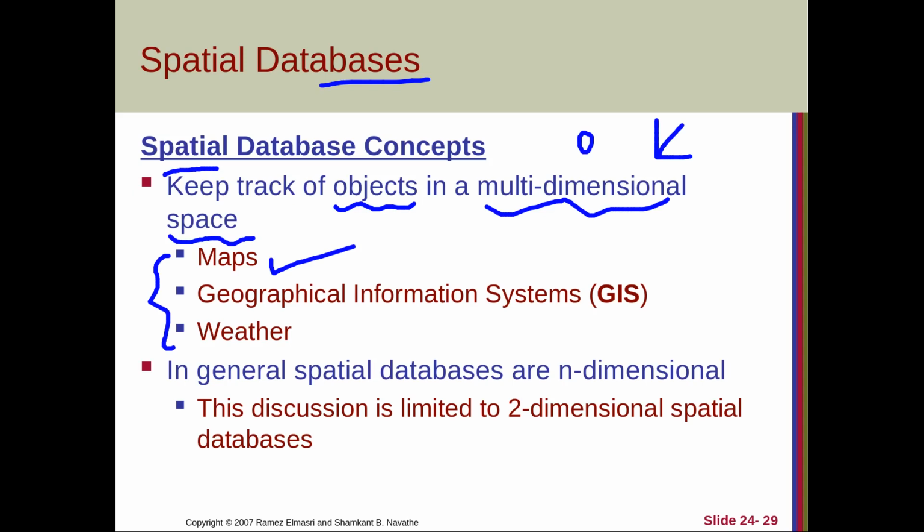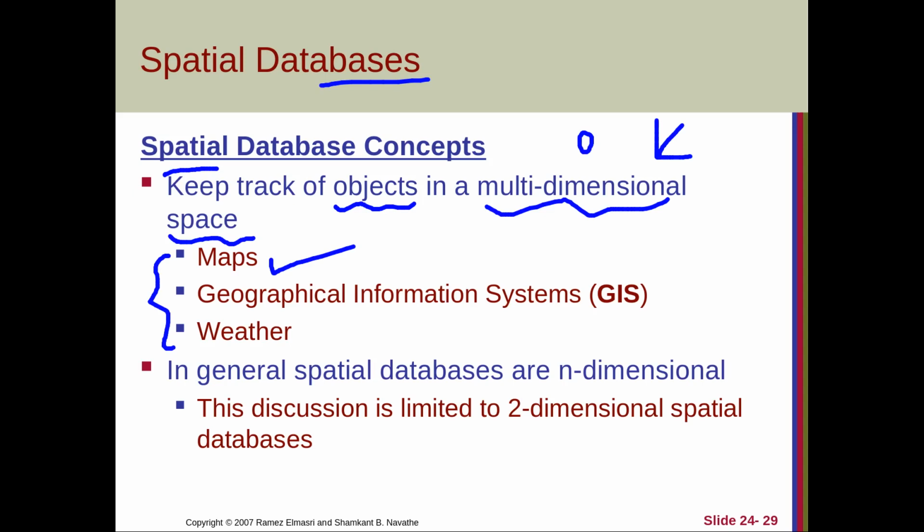A two-dimensional map uses different colors, lines and shapes. Similarly, we can have multi-dimensional representations of this data in different formats of maps.